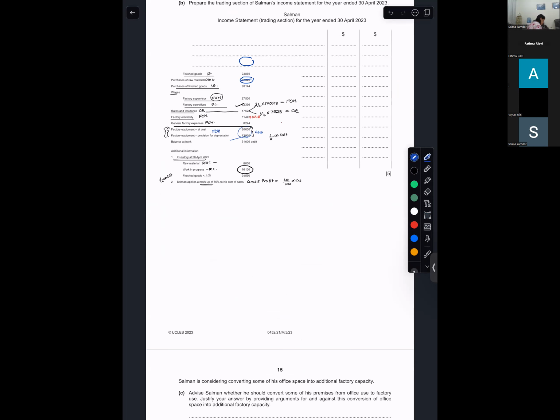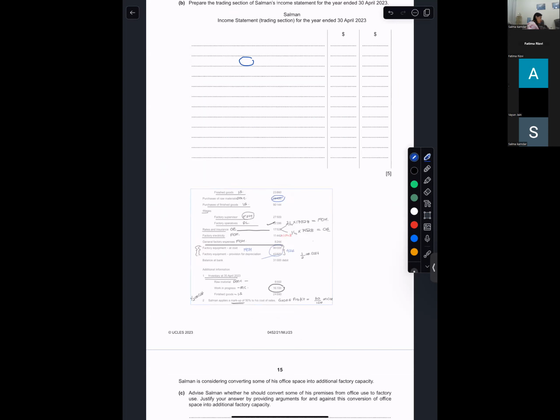Here's the topic of your income statement. Revenue. Do you have revenue? No, for what I have read, I have not seen any revenue. Minus, revenue less what?